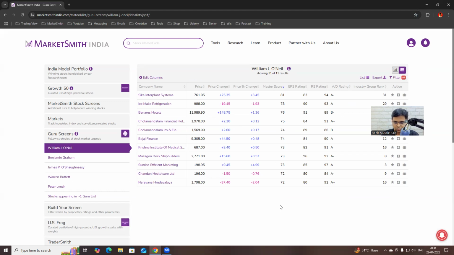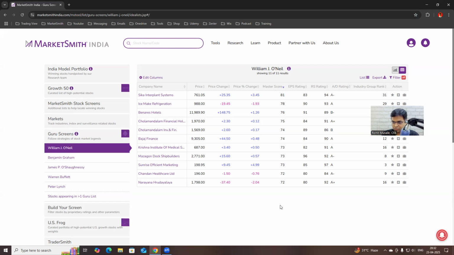Okay. So, example, let's say you use the EPS rating as the filter. I personally don't use the EPS rating. Let's say you use the EPS rating as the filter and you want a minimum EPS rating of 80 or more, right? Now, what if the EPS rating of a stock is 79? Now, that stock will not show up in your filter.